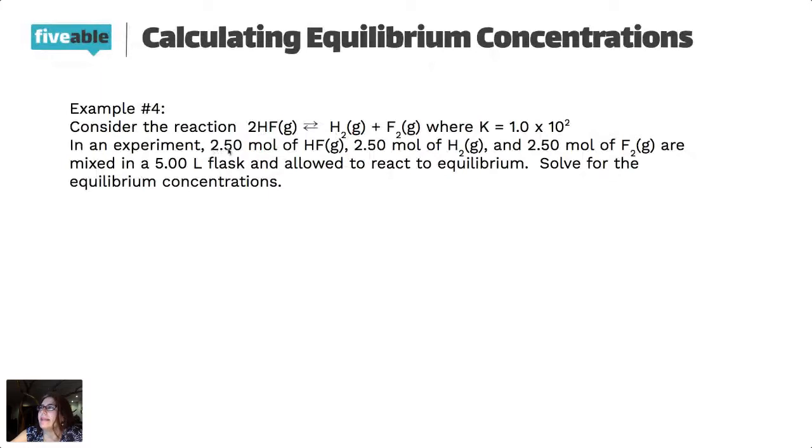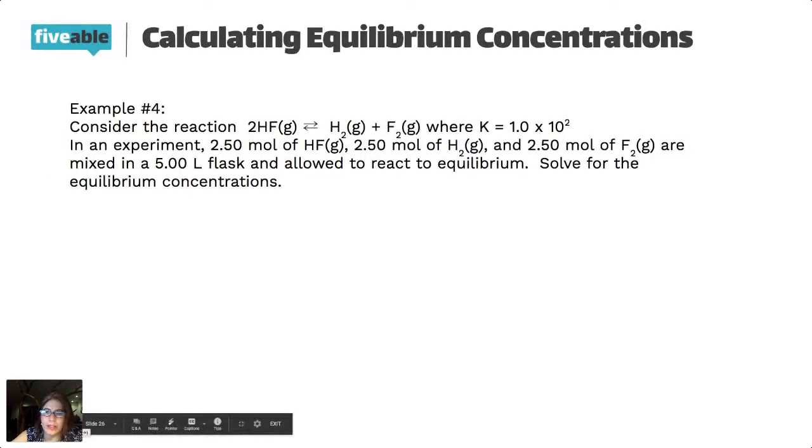And it says they're giving us 2.50 moles of HF, 2.50 moles of hydrogen, 2.50 moles of F2 fluoride, are mixed in a 5-liter flask and allowed to react to equilibrium. So for the equilibrium concentrations, what should we do first?